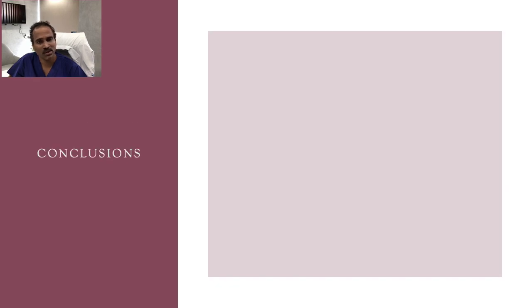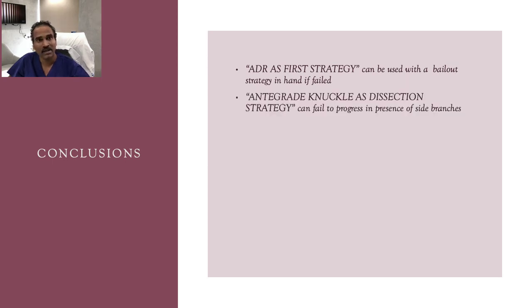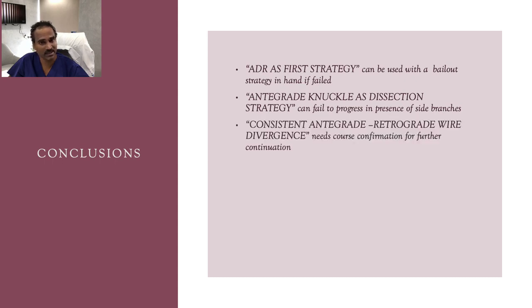To conclude, ADR as first strategy can be used with a bailout strategy in hand if it fails. Antegrade knuckle as a dissection strategy can fail to progress in the presence of side branches, as in this case. Consistent antegrade-retrograde wire divergence needs course confirmation for further continuation.